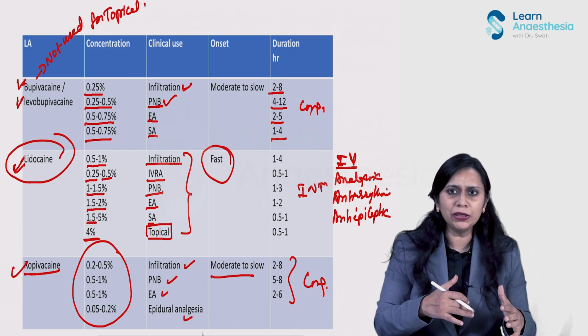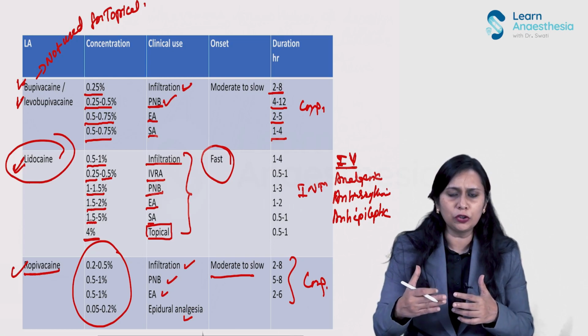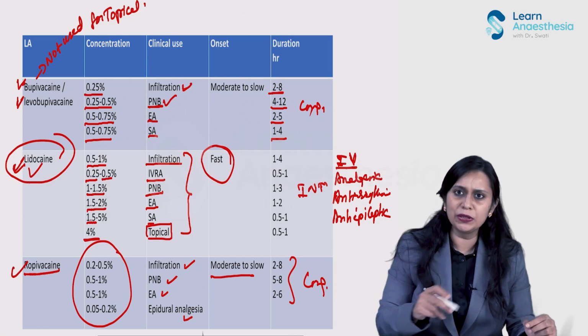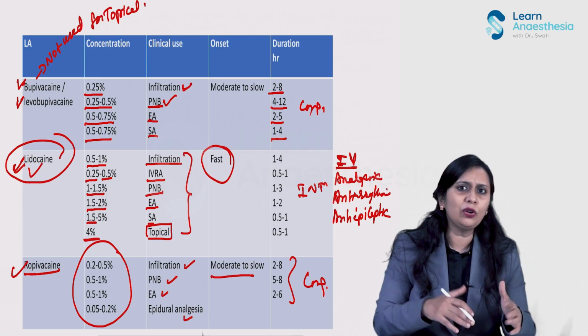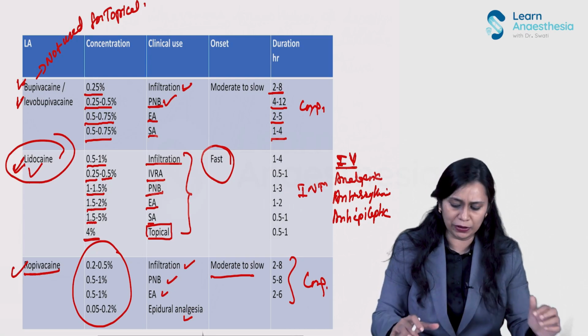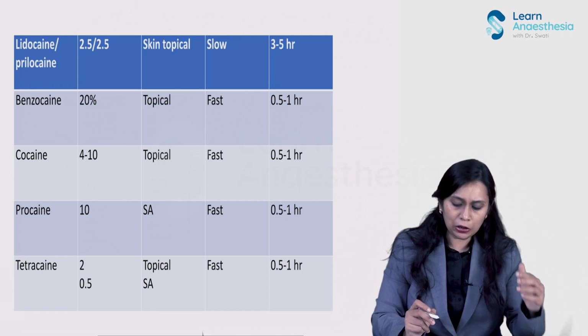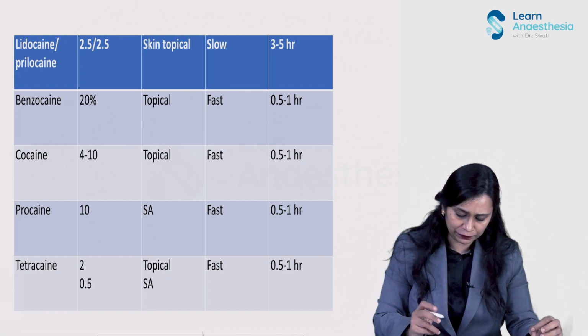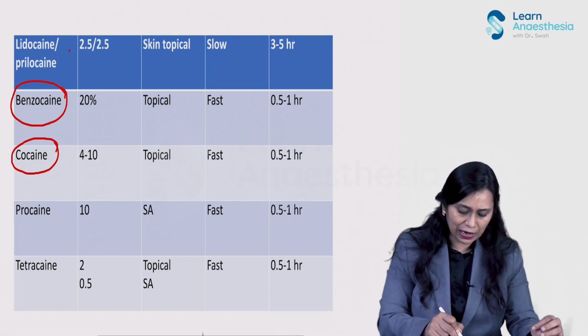Okay, apart from this, we also have to use local anesthetic for topical, and only lidocaine in this group is used for topical. Bupivacaine or any of its congeners is not used for topical. The combinations we use for topical, right: cocaine, benzocaine, the esters, and the lignocaine and prilocaine combination I talked about.